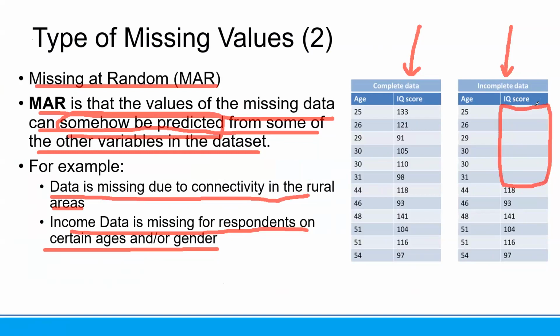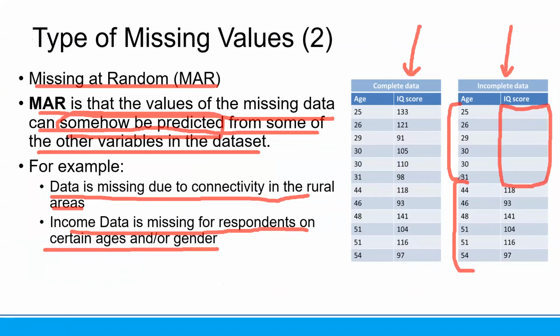Can we predict something? We can see that the IQ score for old people exists, but the missing data happen on the young people.